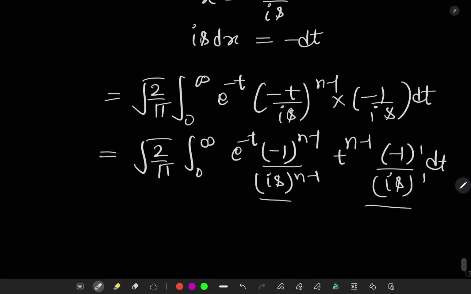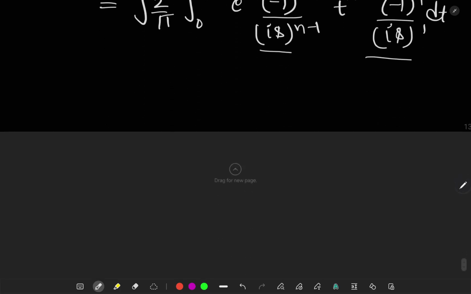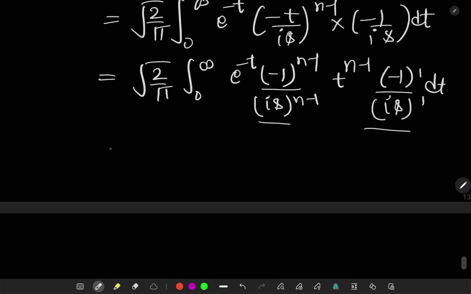These are the same terms, so their powers add, and also these are constants, so we can take them outside the integral.